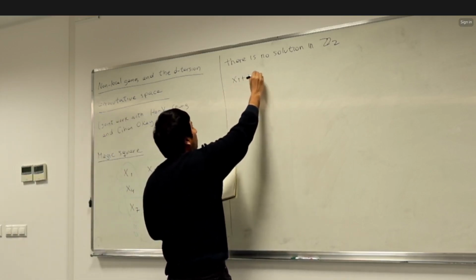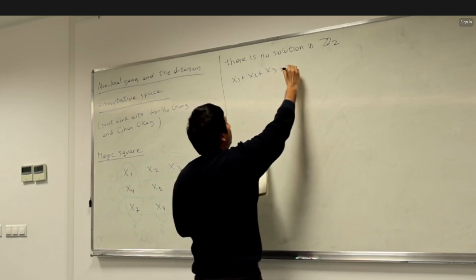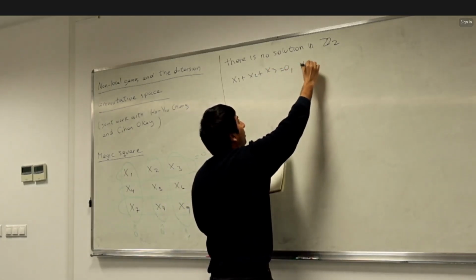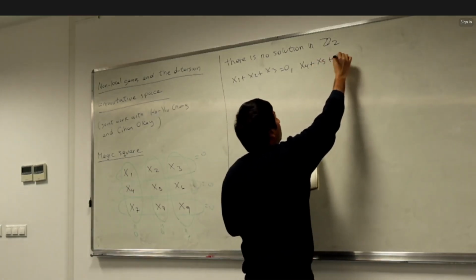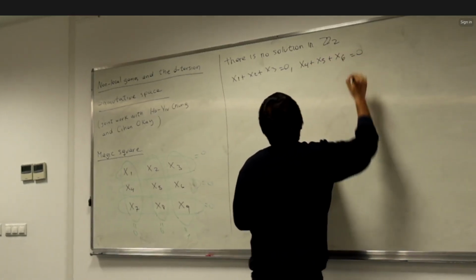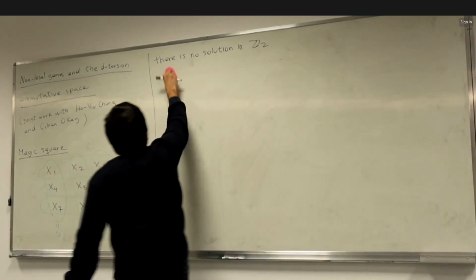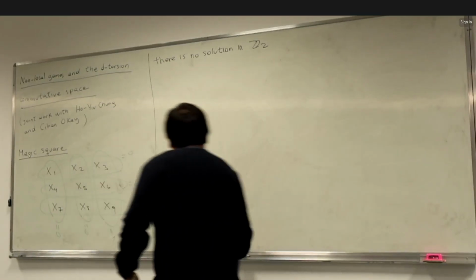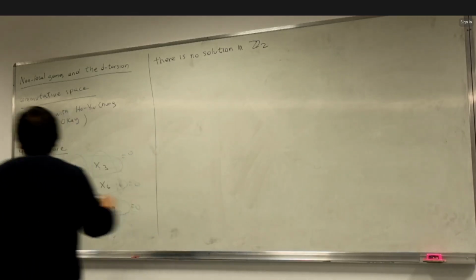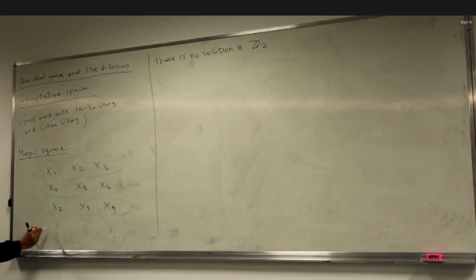X1 plus X2 plus X3 equals 0. X4 plus X5 plus X6 equals 0. I will explain this with just this particular one. X1 plus X4 plus X7 equals 0. This is what I mean, in general.